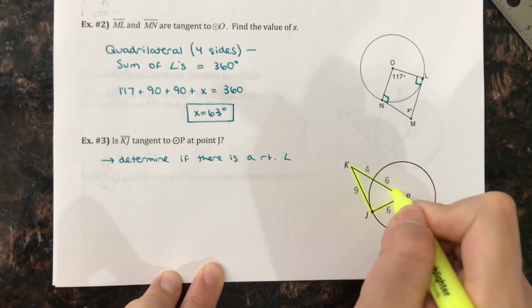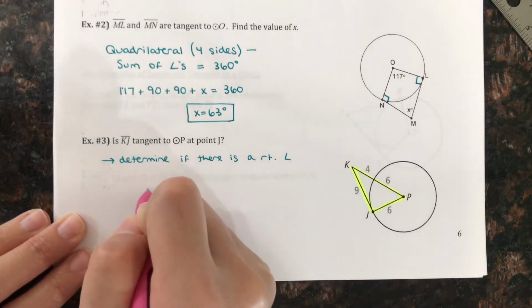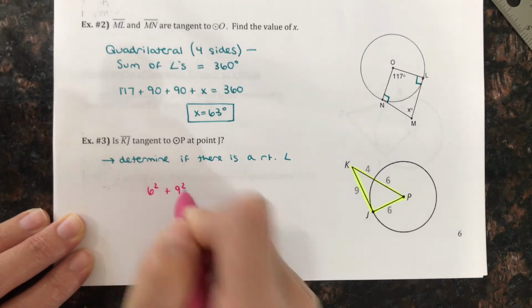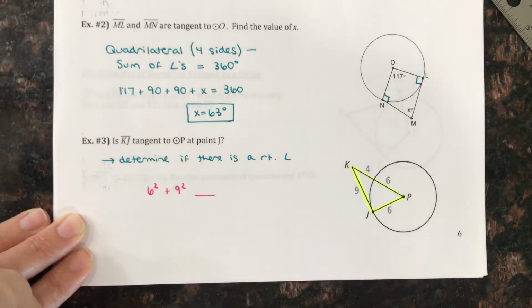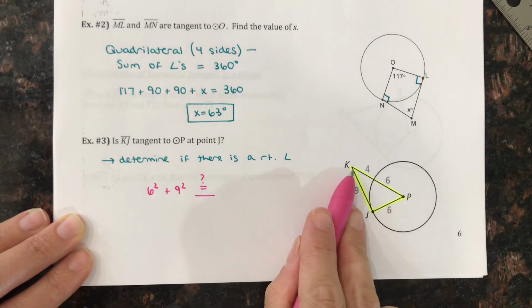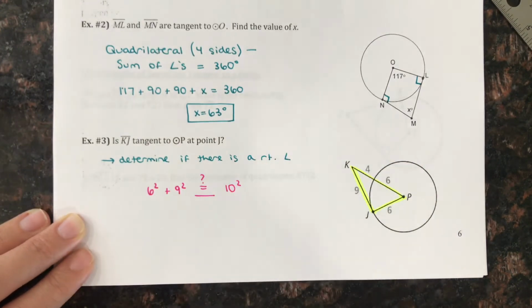Now in a previous chapter, we said that you can determine if you have a right triangle by using Pythagorean theorem. So what we're looking for here is we're trying to see if 6 squared plus 9 squared, that's these two sides, is that going to be equal to, we'll put a question mark, the hypotenuse, which would be 10 squared.